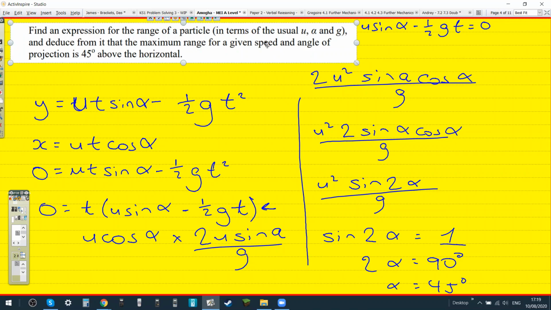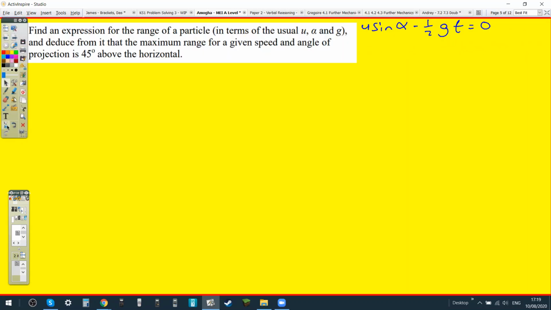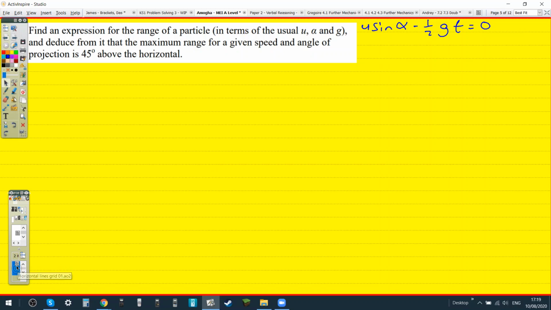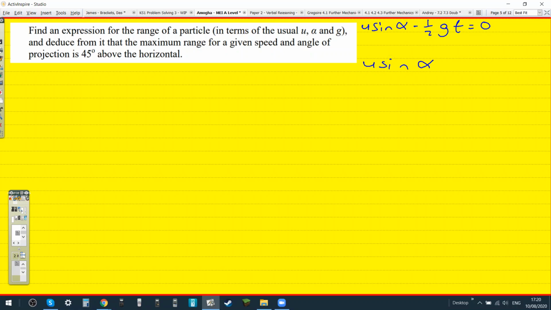Maybe I just need to make some more space. Okay, so we make t the subject. So what would it be if you made t the subject? It would be u sine alpha over half g is equal to t. Okay, and you just times by 2. Okay, I get it. So that's t.